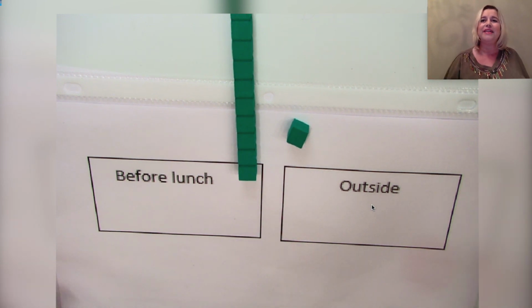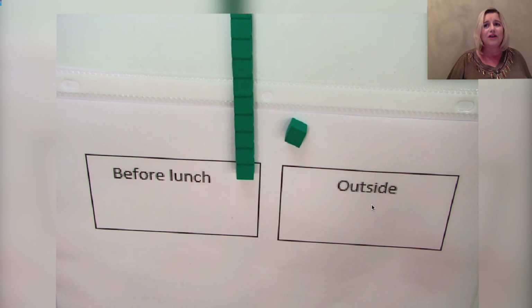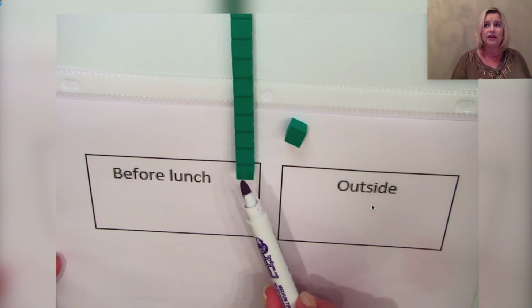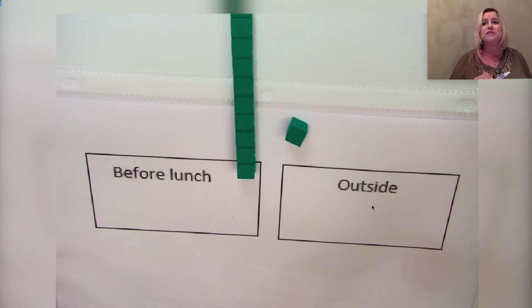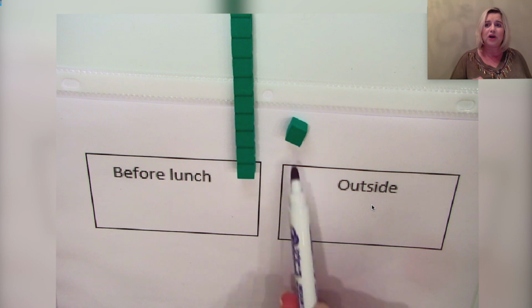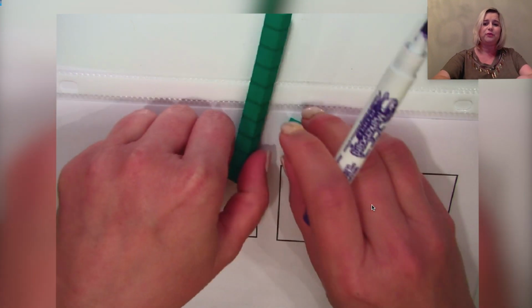I know that I need 2 ones, but I only have 1. I also know that 1 rod is made up of 10 ones. I can circle the rod here and trade it in for ones. I can move those 10 ones over to the 1 block that's already there. I'll pause so you can make sure that you've captured the image on your paper.